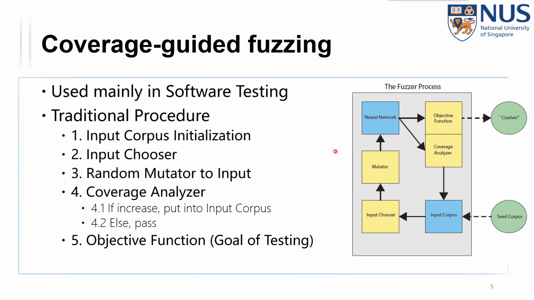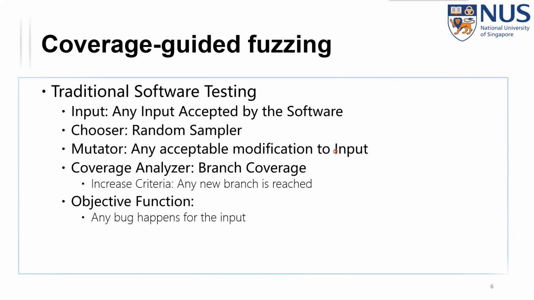So okay, now we will go to traditional software testing fuzzing. For input, in the traditional scenario, the input will be any input accepted by the software, and the input chooser will be just a random sampler.